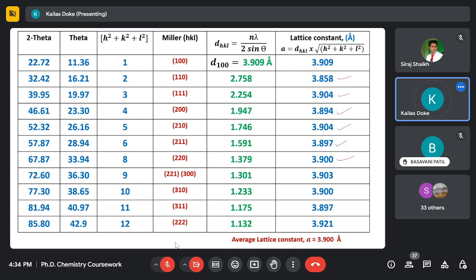And when we took the average of that, we got the answer 3.901, close to 3.90 Armstrong unit. So we got the lattice constant A, which is equal to B, which is equal to C. And we got the cubical crystal. Is it necessary to determine alpha, beta, gamma for this symmetric crystal?